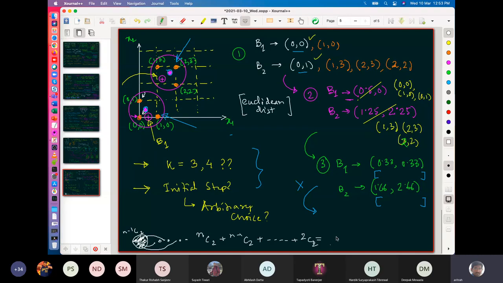This is not 2 to the power n. I made a mistake. Just correct me. Come on, you should tell this. I am making mistakes. What is the complexity here? Pairwise distance computation, n minus 1 reducing each time. Approximately n cube. Yes, it will be of the order of n cube.